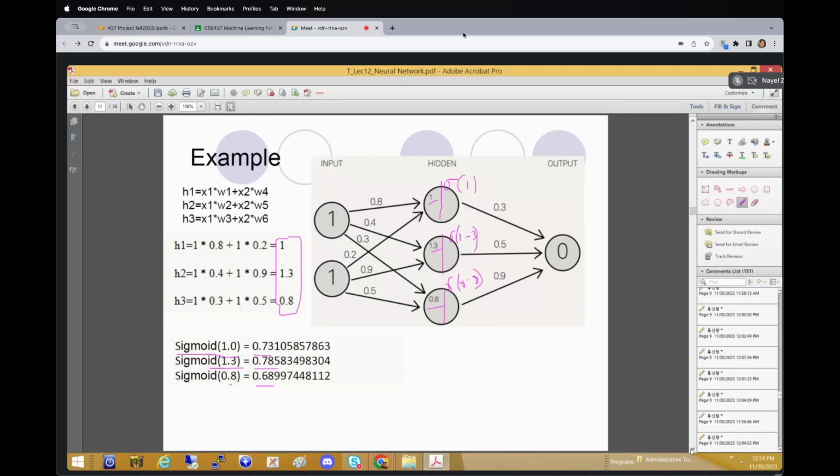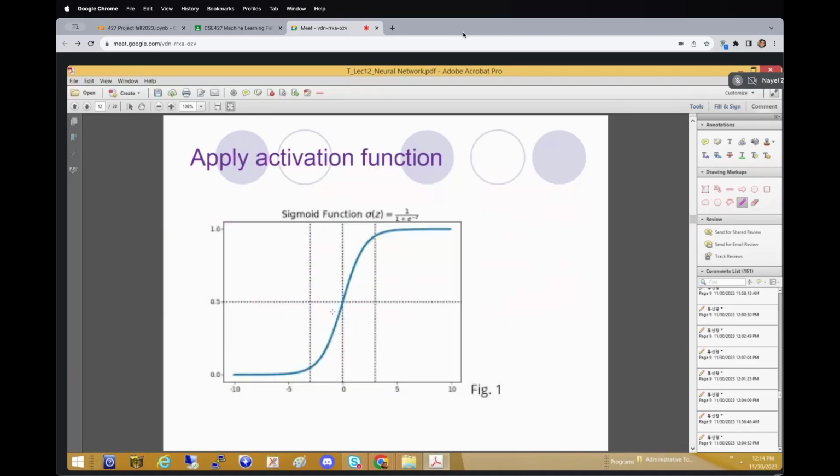Okay, what is the sigmoid? So here is the sigmoid. This is called the sigmoid function. It is 1 by 1 plus e to the power minus of g. So we can see that this is a curve of nonlinear nature. If we got some very negative values, then it is nearly zero.